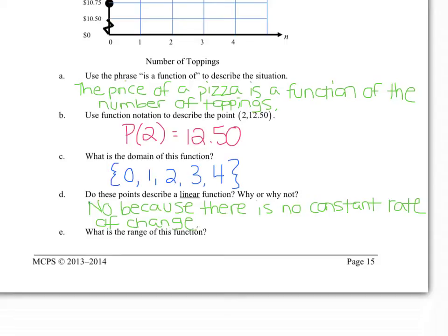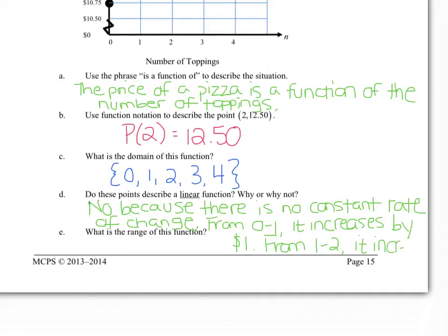We can see this because from 0 to 1, so from 0 toppings to 1 topping, it increases by $1. From 1 to 2 toppings, it increases by 75 cents.